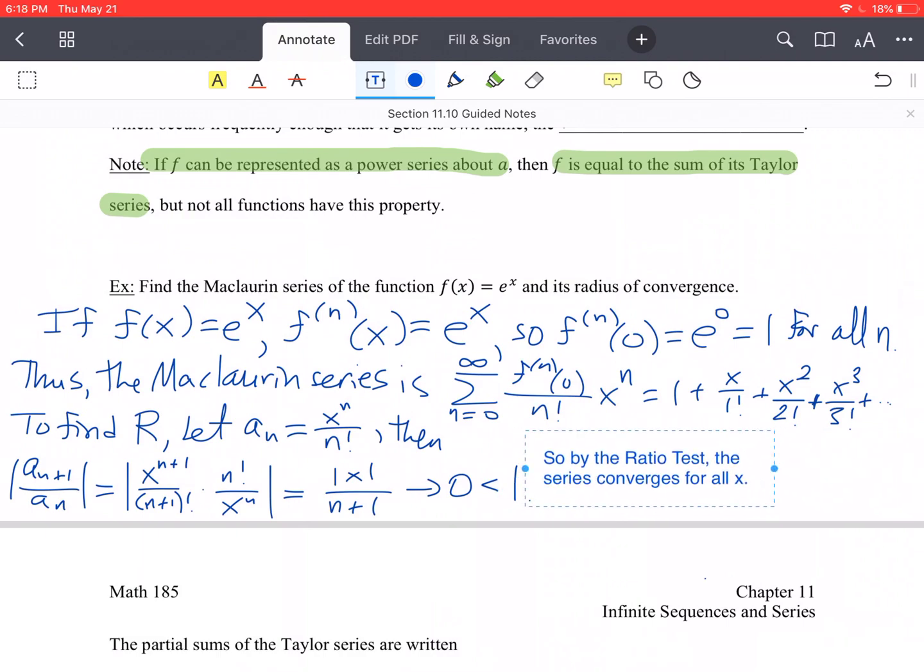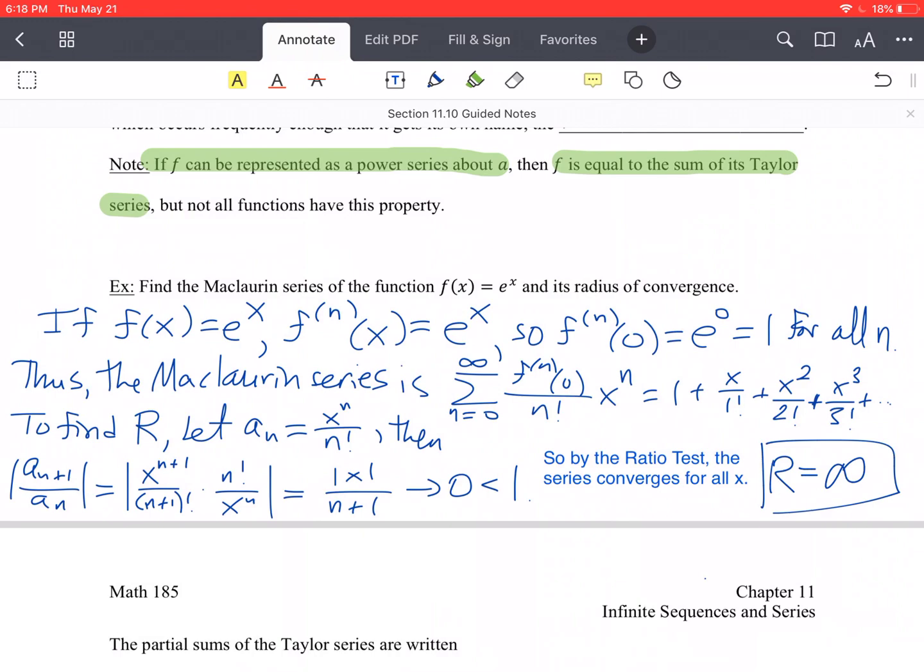Alright, so the series converges for all x. So we get r equals infinity. Alright, so it's convergent for all values.